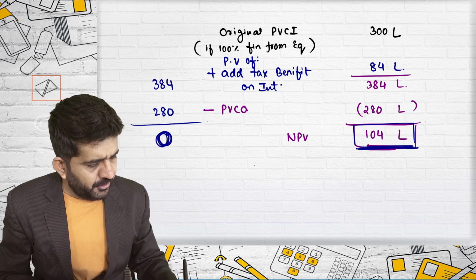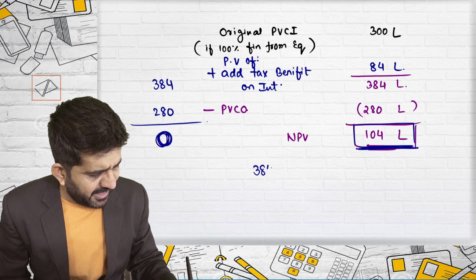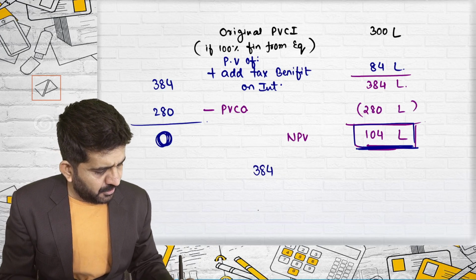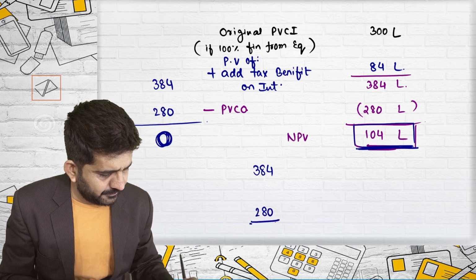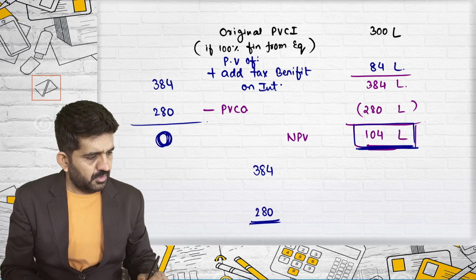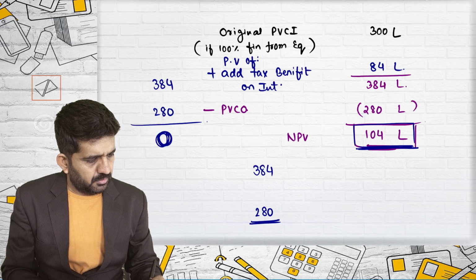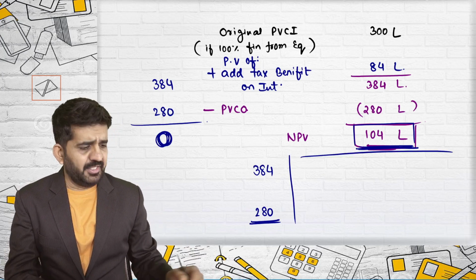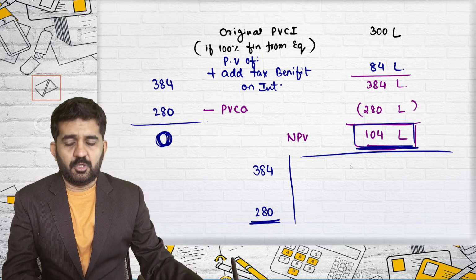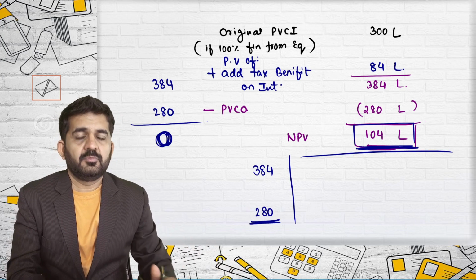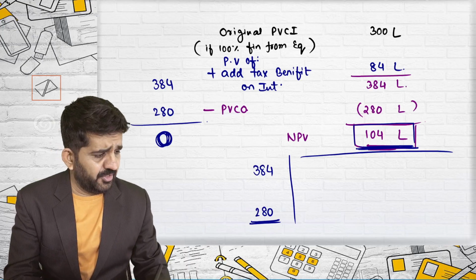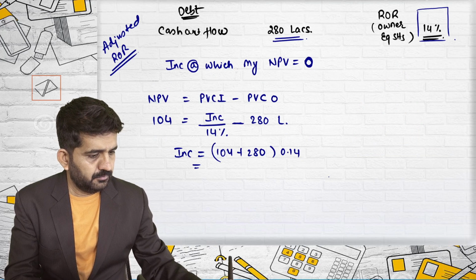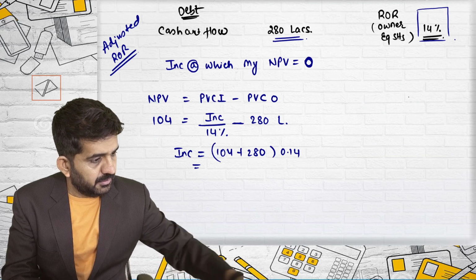So if I reduce this 384 in such a manner that it becomes 280. No, that is an NPV. I think it should not be done in this manner, and I have not seen practically anyone doing this. So we are not doing this right now.